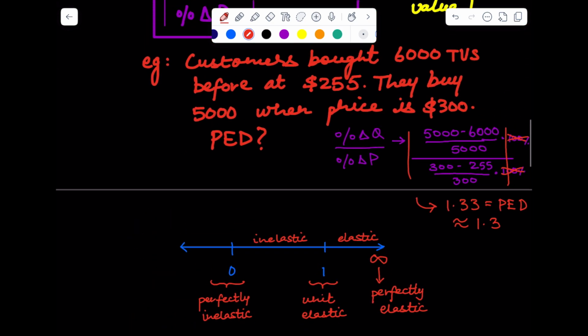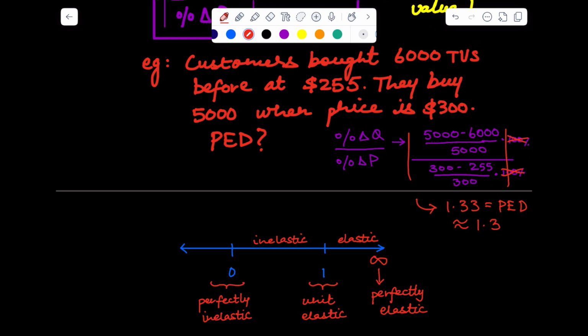So we saw that with the problem earlier. He or she or they were buying fewer TVs when price was higher at $300. So as a result, there was elastic demand, price elastic demand, because their responsiveness increased. They were very responsive in changing what they demanded.